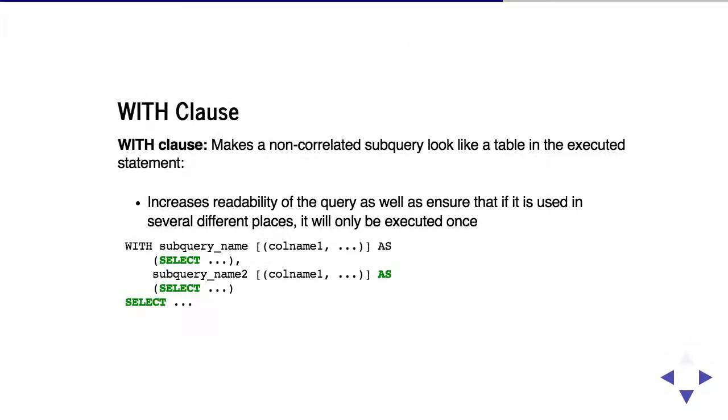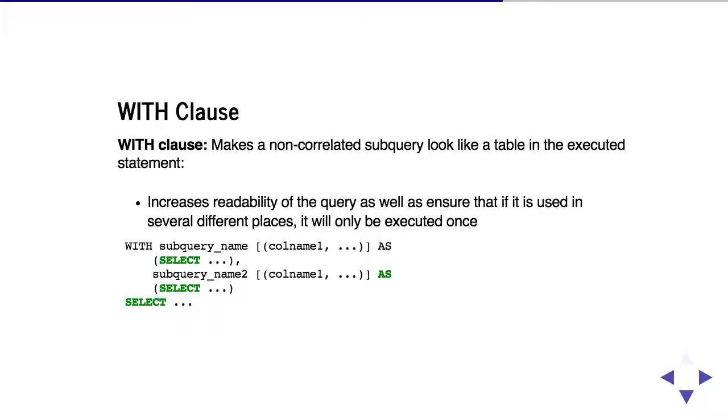With a WITH clause, we can make a non-correlated query look like a table in the executed statements. This makes it neater, cleaner, and much more understandable. It's really helpful. This is how it's designed. Right before even the select clause, we have a WITH, then the subquery name we want to name it as.